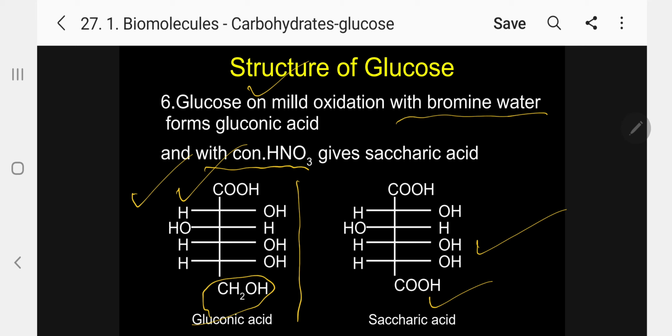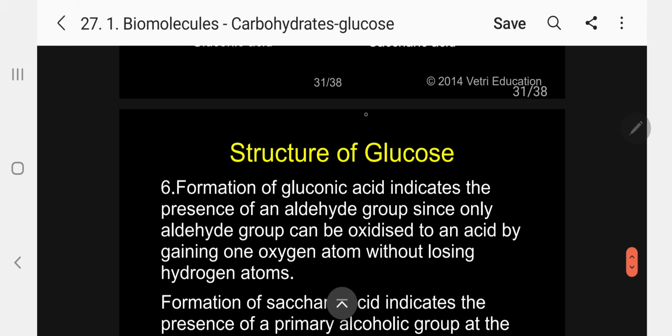In gluconic acid, the CH2OH at the last carbon atom is converted into COOH. So only these two structures will give a clear idea about glucose. In a linear structure, instead of COOH, CHO will be present. So this will be glucose. Kindly follow.